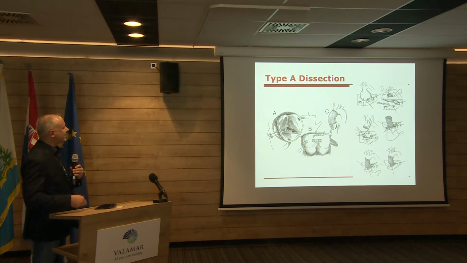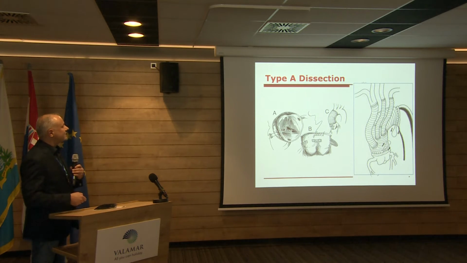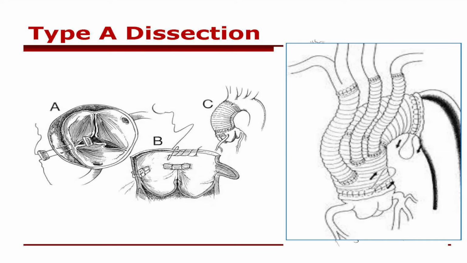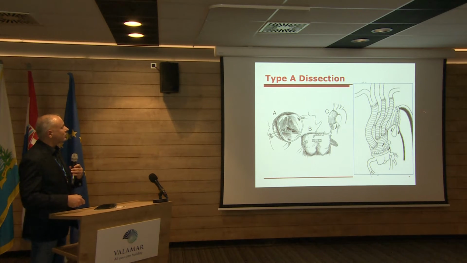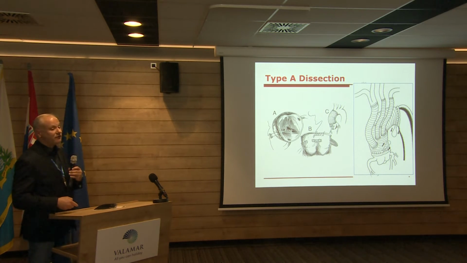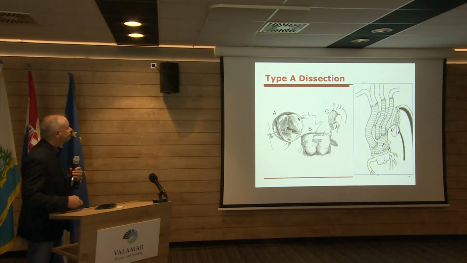So type A dissection, these are usually surgical techniques. We are not going to go into detail, but the most complicated one, like frozen elephant trunk, can be followed with TEVAR on top of the surgical intervention for the treatment of the descending thoracic aorta.